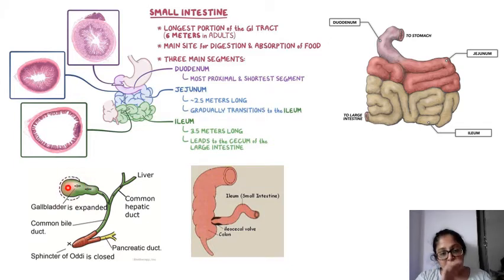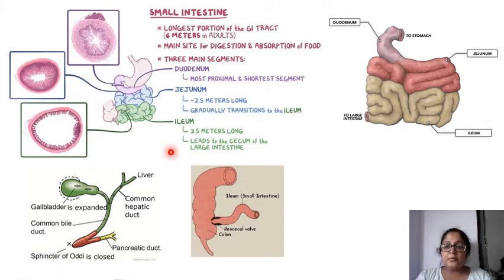Secretions come through the common bile duct, which is closed by the sphincter of Oddi, as we can see here.